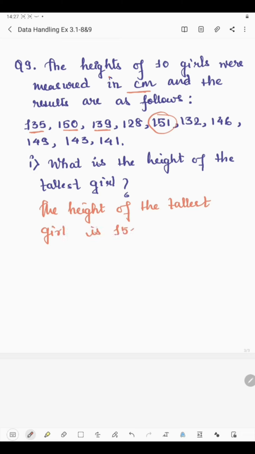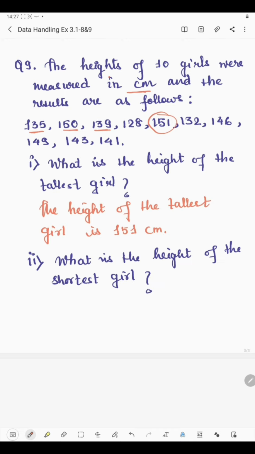Okay. Now coming to the next part. In the next part we have what is the height of the shortest girl. To find the height of the shortest girl, we need to check which number is the smallest. So here 150, 139, 128, and then 151, 132, 146, 149, 143, 141.